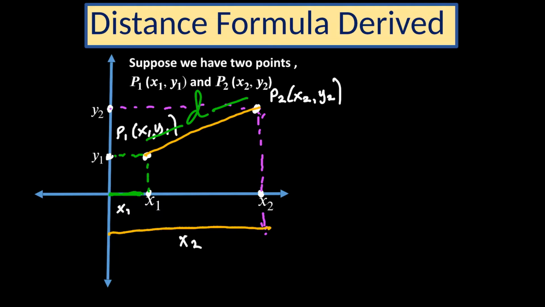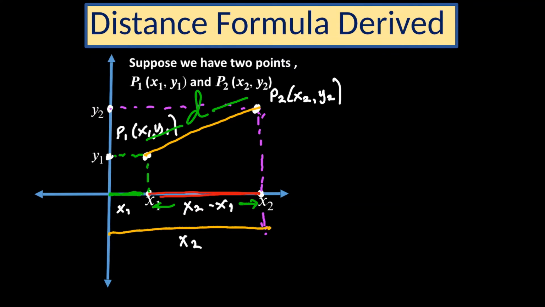And so if we get the distance between x sub 1 and x sub 2, that is simply x sub 2 minus x sub 1.